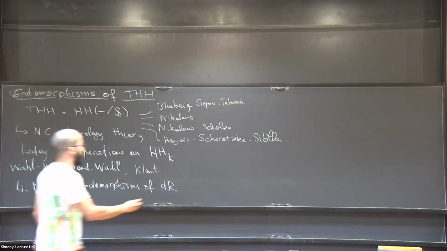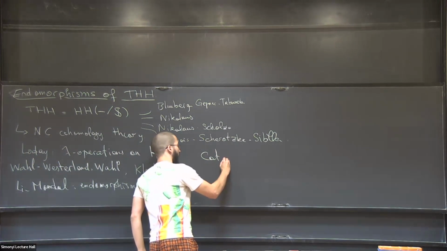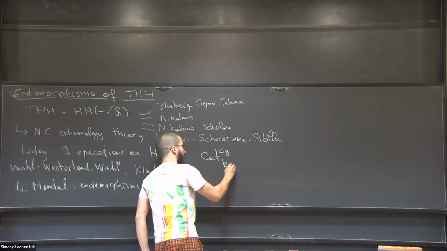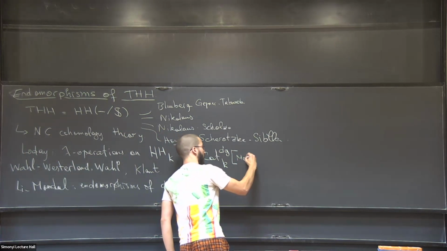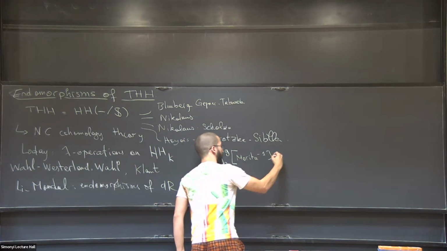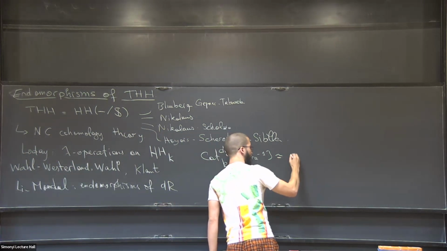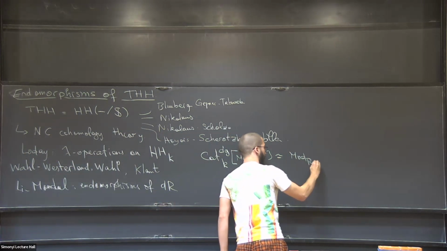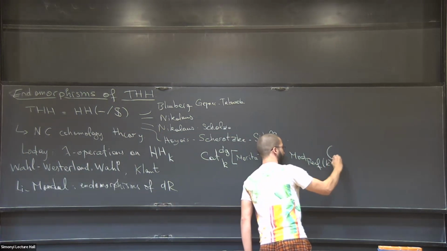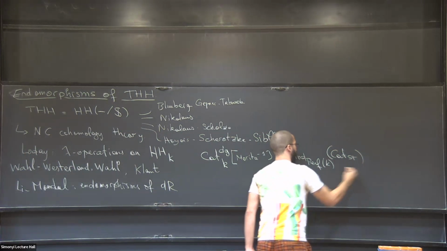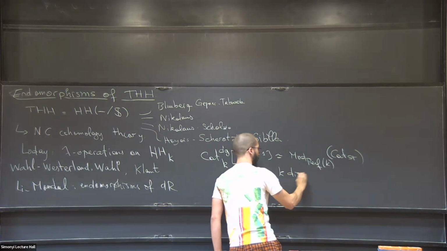So something like this. Not to spend too much time on this, but if you do Cat^DG_k and you invert Morita equivalences, you get k-linear stable infinity categories. So here k is maybe a discrete commutative ring.